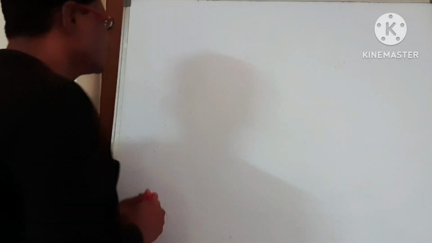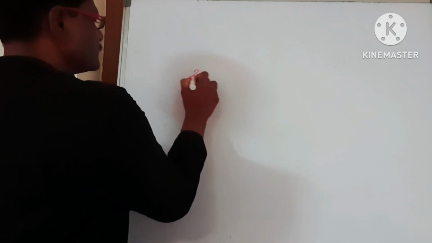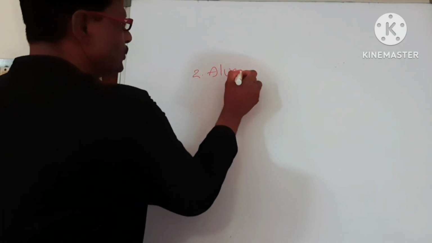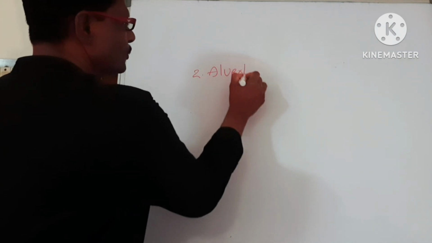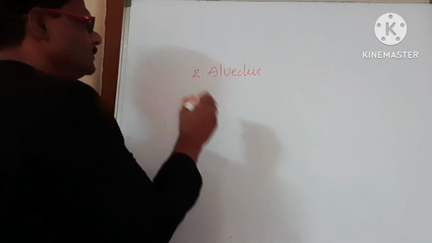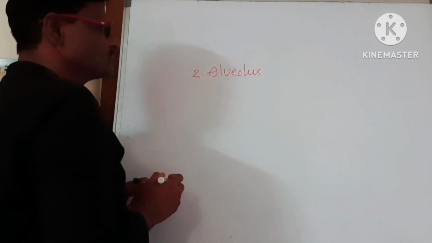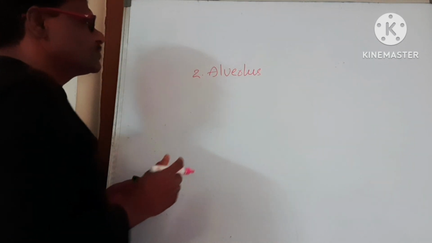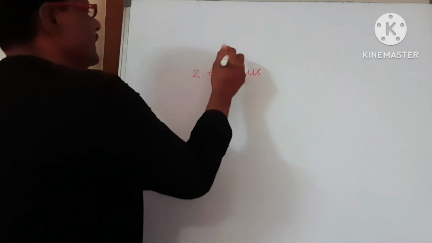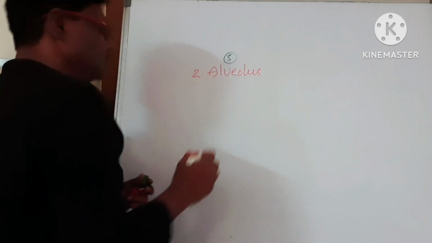Second word, alveolus, A-L-V-E-O-L-U-S. So alveolus is a singular word.